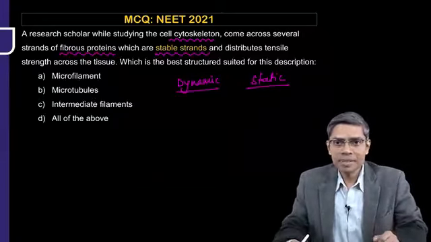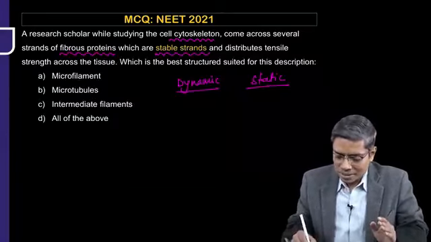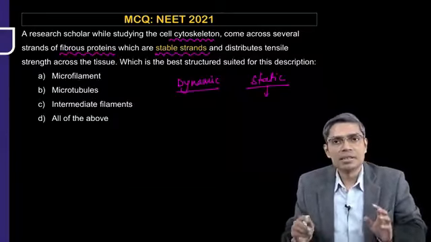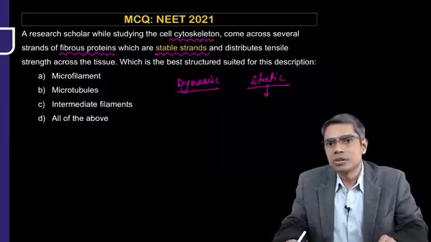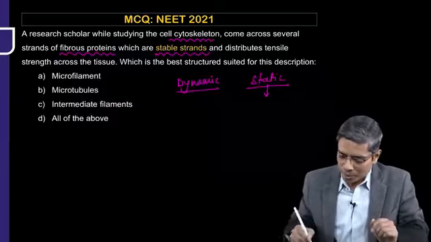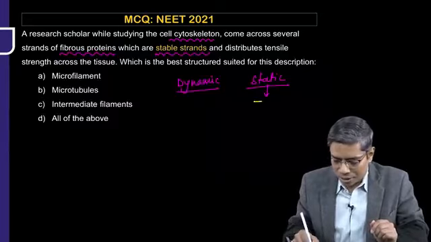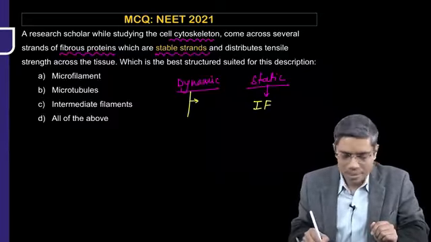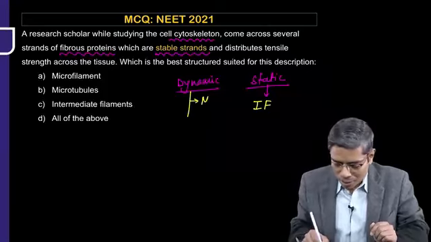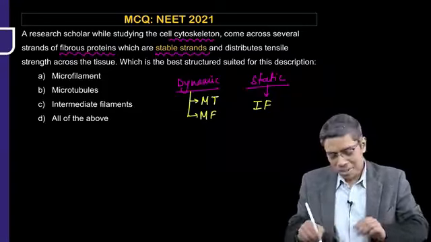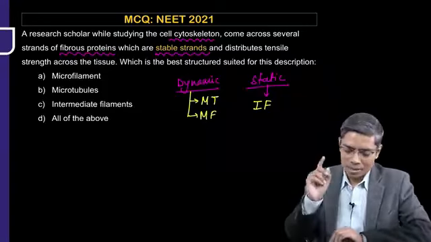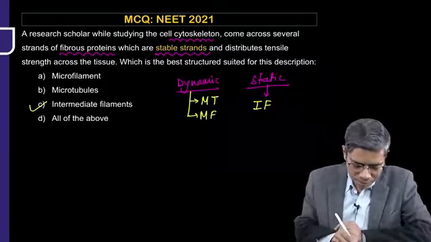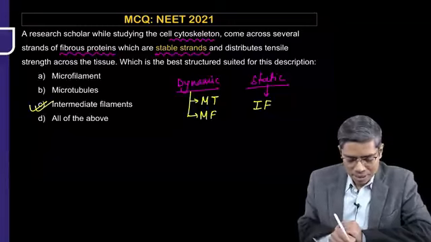But static means this is the stable cytoskeleton; its length is not going to change. The example of stable cytoskeleton is intermediate filament. Examples of dynamic cytoskeleton are microtubule and microfilament. So if you understand this one, your answer will be done. That is intermediate filament.